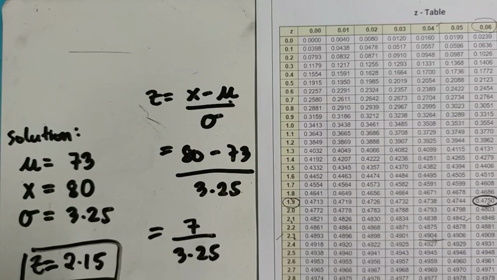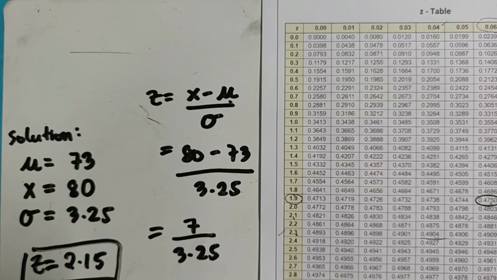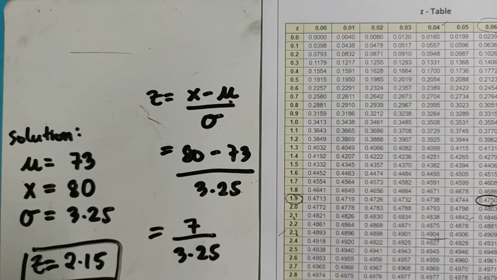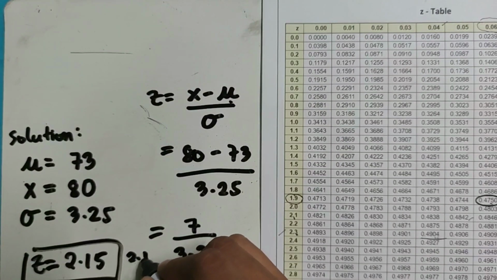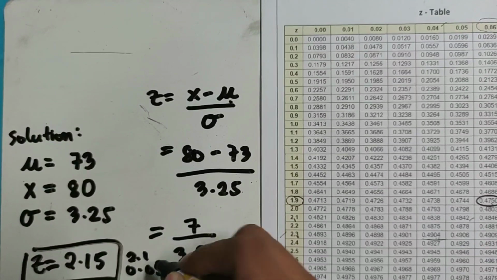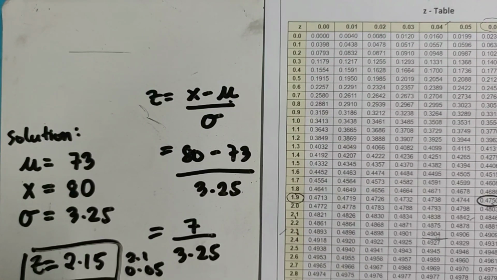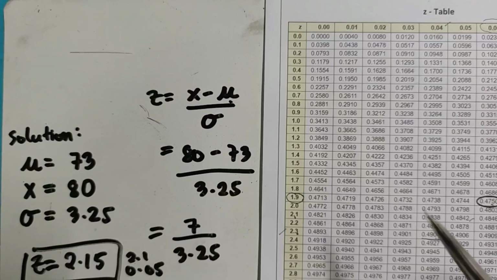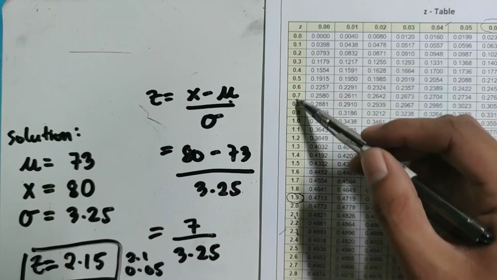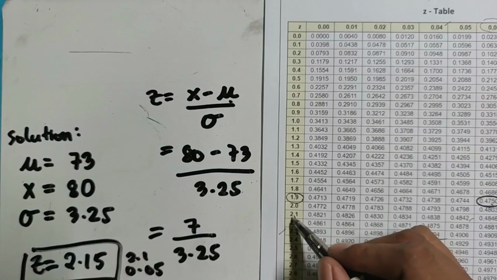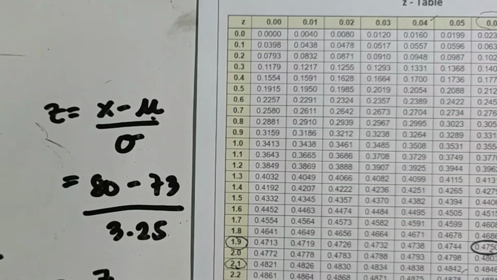Okay, so let's now find the area of Z, which is 2.15. So anong gagawin natin? Isi-separate natin siya into 2.1 at saka si 0.05. So first, ilocate natin si 2.1 sa Z table. Nasaan si 2.1? Dito sa row part. Nandito si 2.1. At nasaan naman itong si 0.05? Kukonek natin kay 0.05.